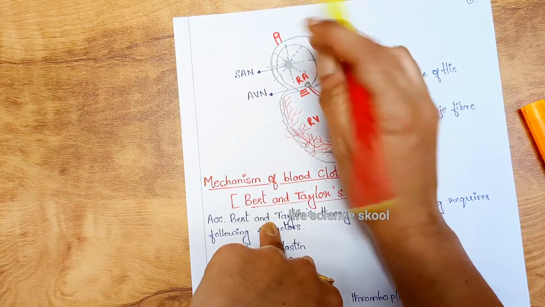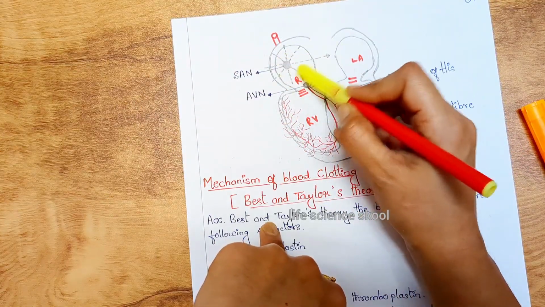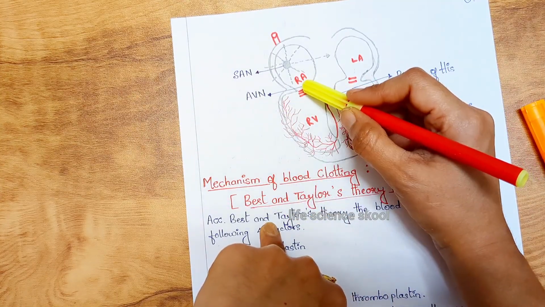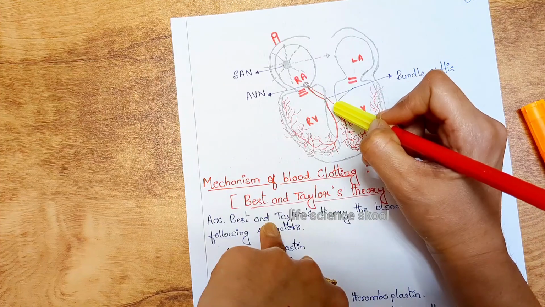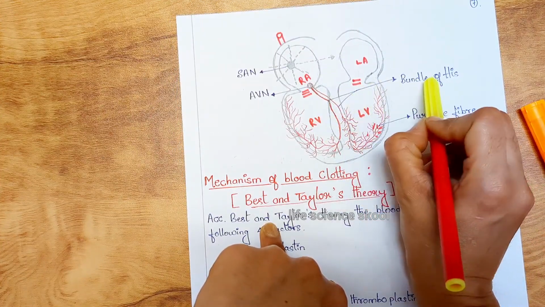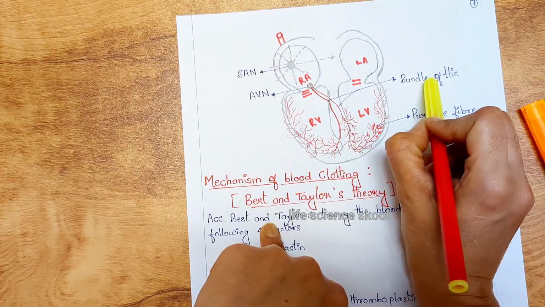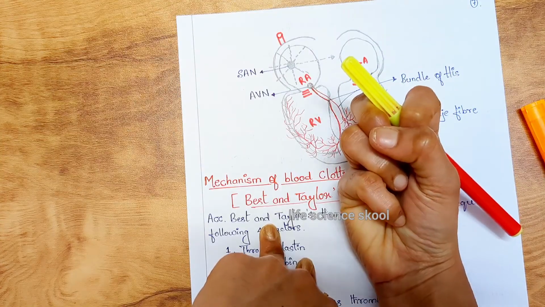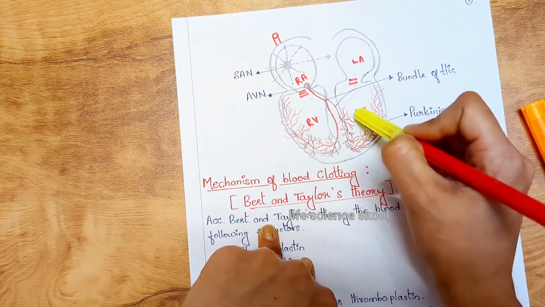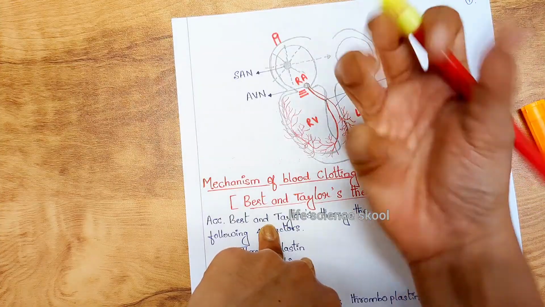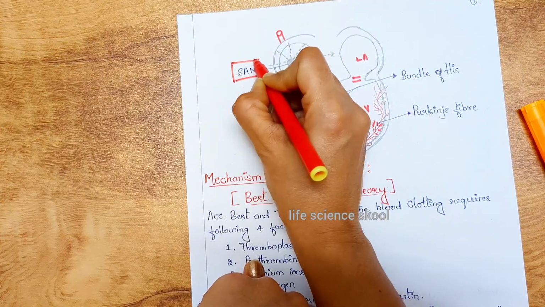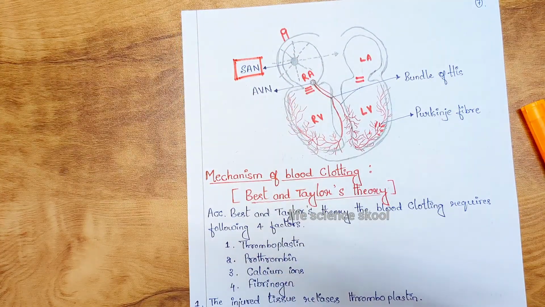As a result, the auricle contracts. After that, the impulses are picked up by the atrioventricular node, which passes them to the wall of the ventricles through the bundle of His and Purkinje fibers. As a result, the ventricles contract. Hence, the auricles and ventricles of the heart contract and relax under the influence of the electrical impulses generated by the SAN. This is how the origin and conduction of the heartbeat takes place.